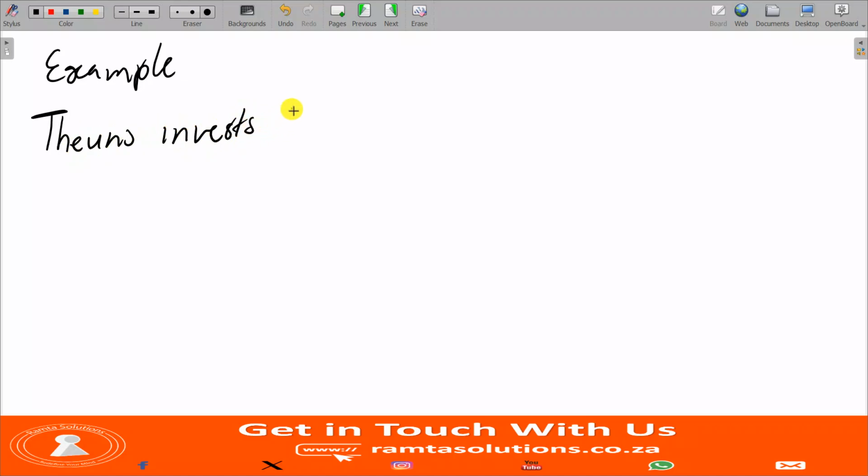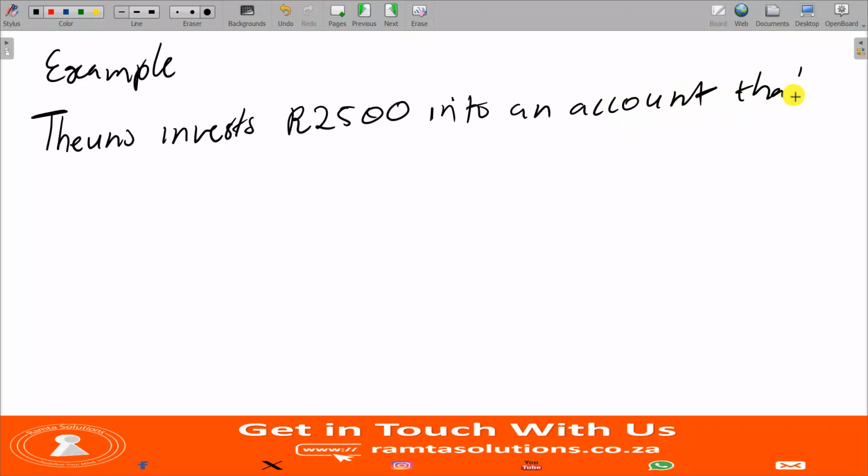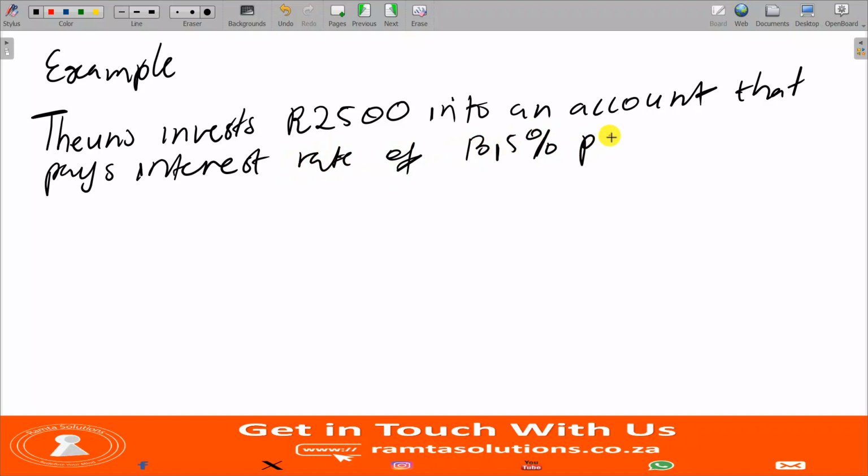Tiens invests 2,500 rand into an account that pays an interest rate of 13.5% per annum, compounded quarterly.